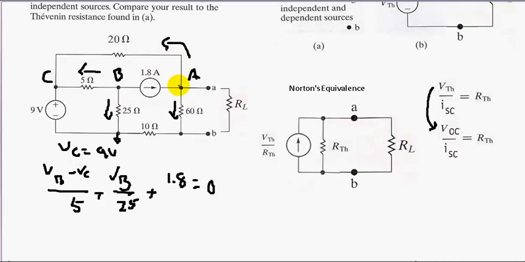Arbitrarily, we define our currents as we please, but I like to use a method where we define all our currents going out unless we have a current source going in. So VA minus VC over this resistance, which is 20 ohms.